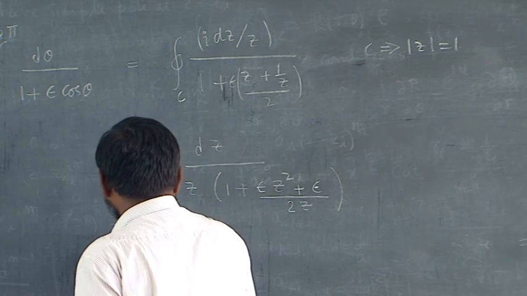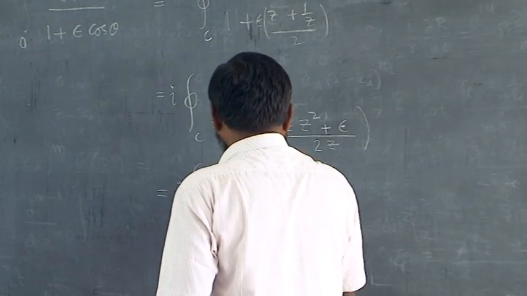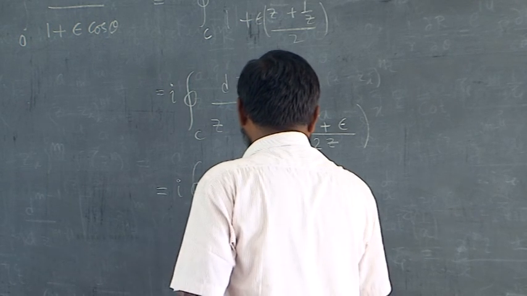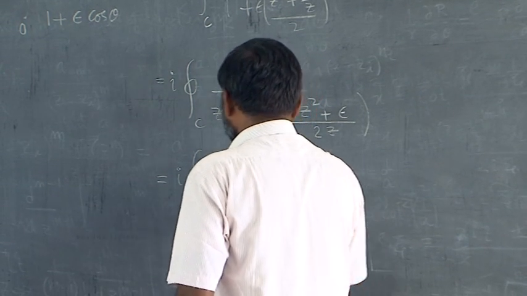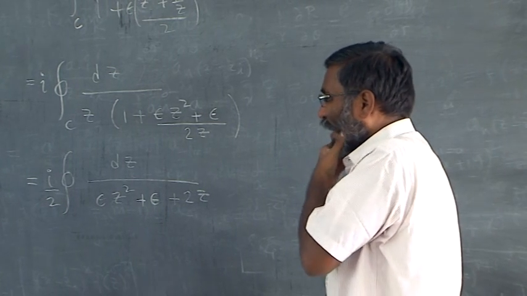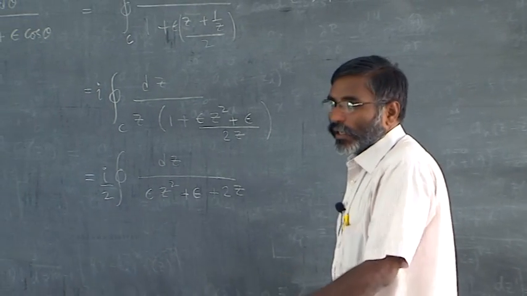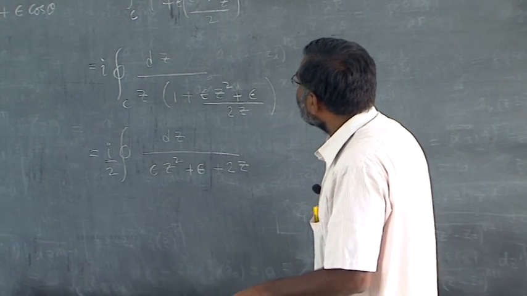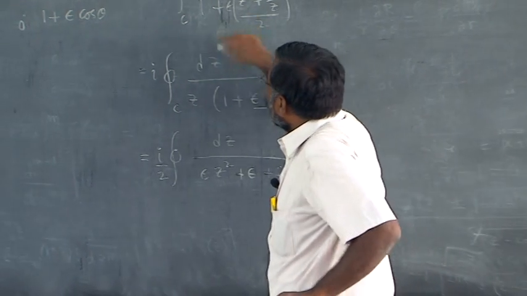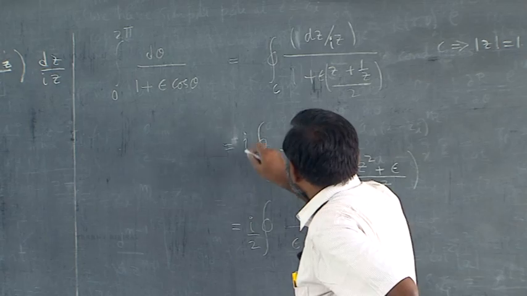So this is equal to i times the integral over a closed curve of dz divided by (epsilon z square plus epsilon plus 2z), and I can pull out 2, with dz by iz and a minus.